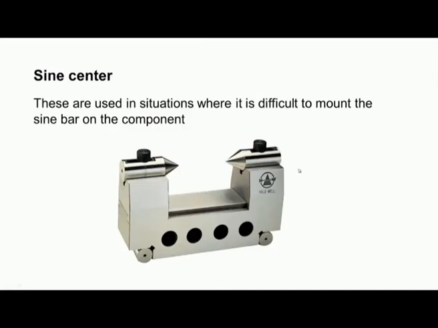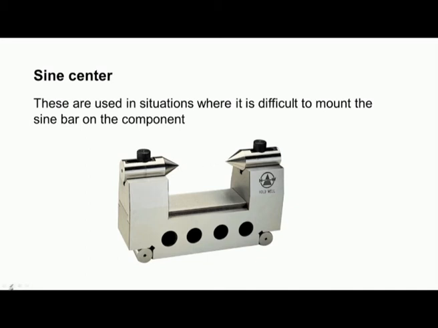Now, another variation of the sine bar is the sine center. Here we have the body of the sine center, these are the relief holes, and then we have cylinders fixed to the body of the sine center, and here we have two centers.